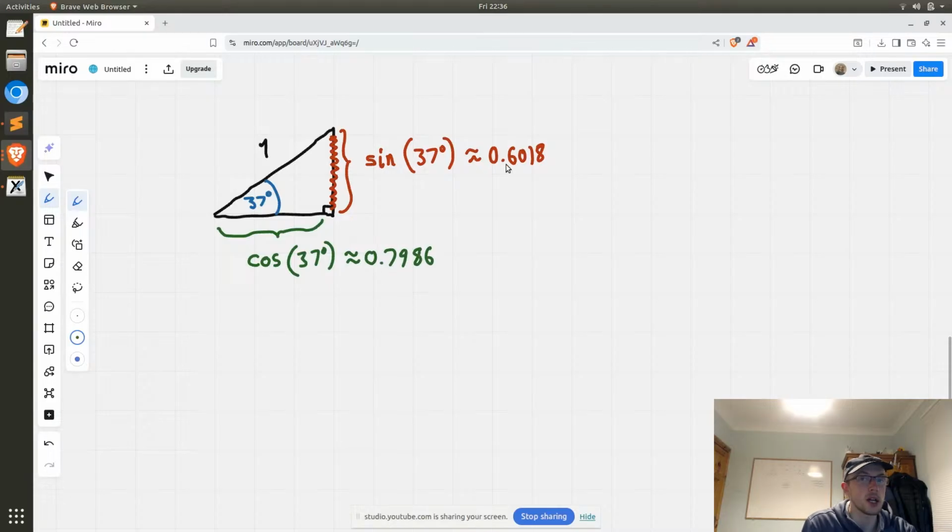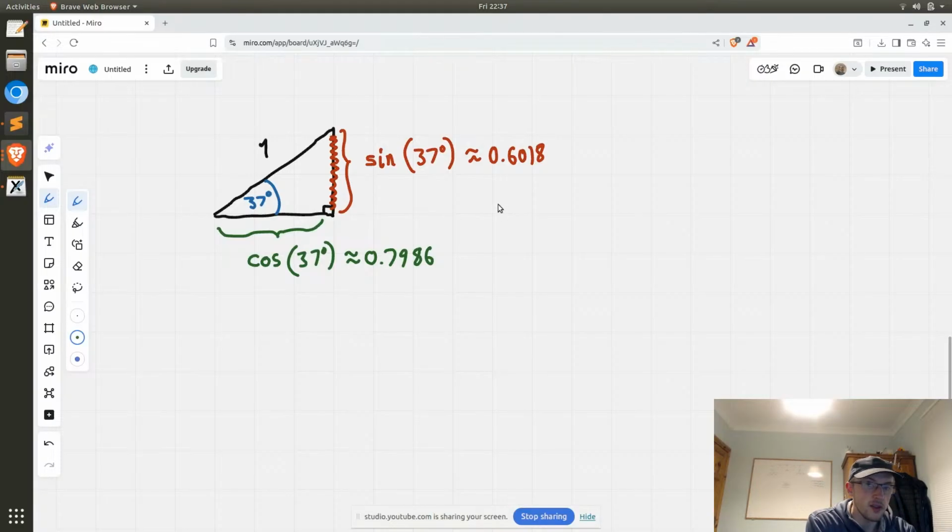How do we know that our functions are actually doing their job? We use the Pythagorean theorem. Square this side, add them together, and you should get 1.